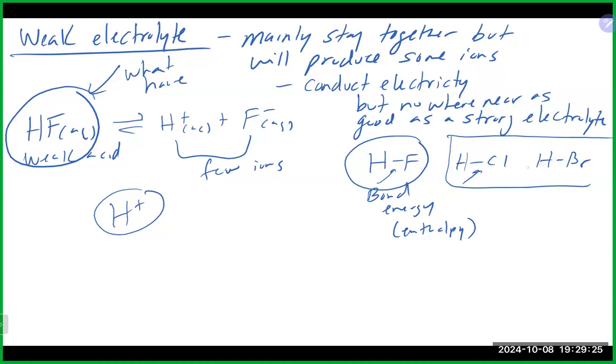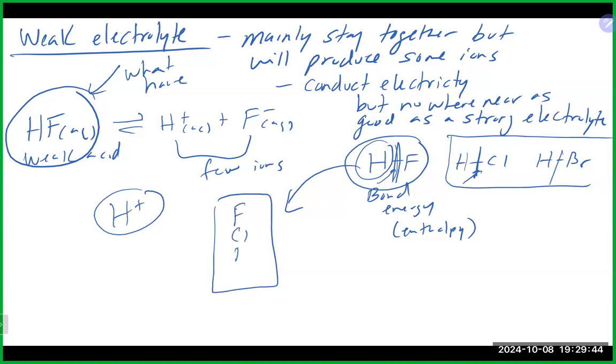And because it takes so much energy to break that bond, that's going to prevent that hydrogen from just popping off as easy as it is for like HCl to release that H or HBr to release that H. As you actually go down group 7 there, which is these guys, bond energy decreases as you go down the group.